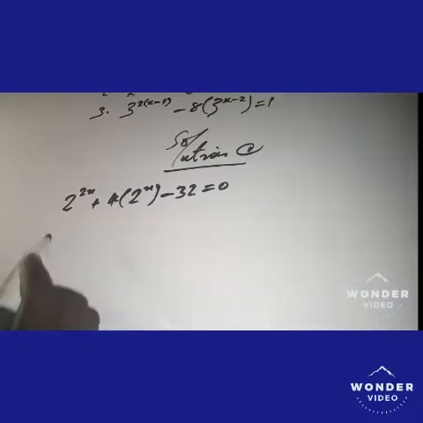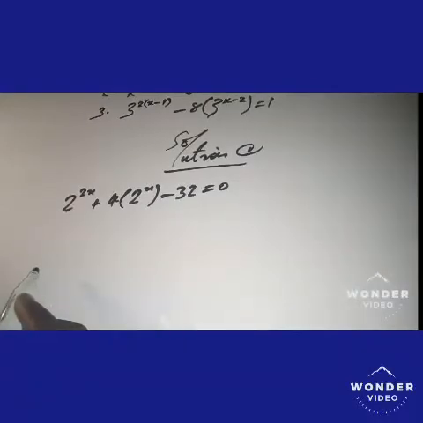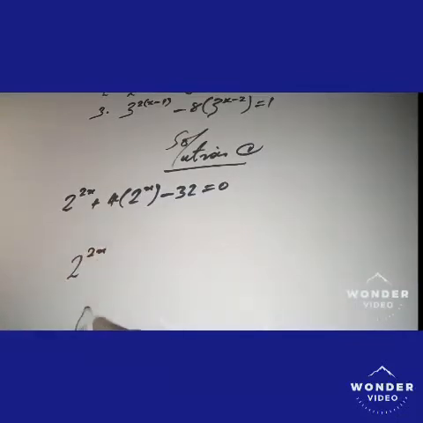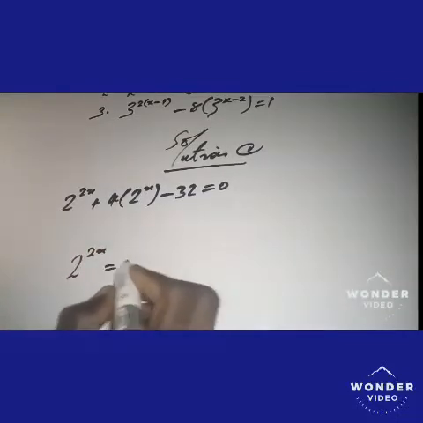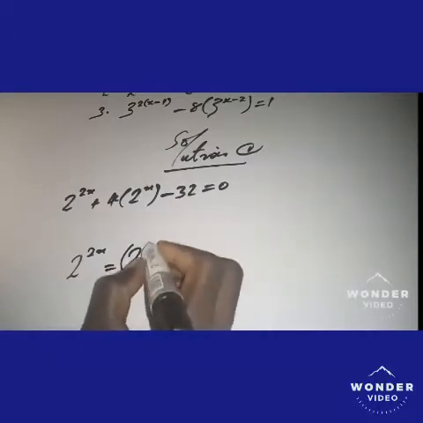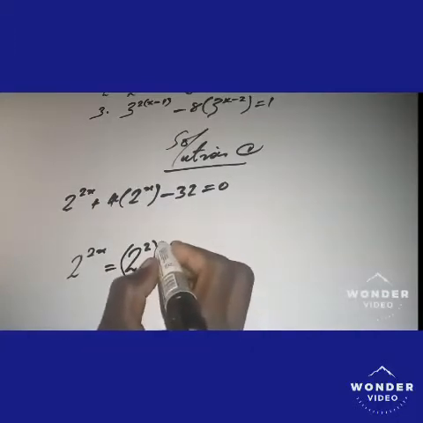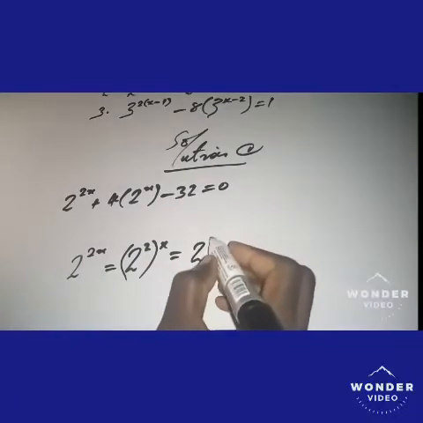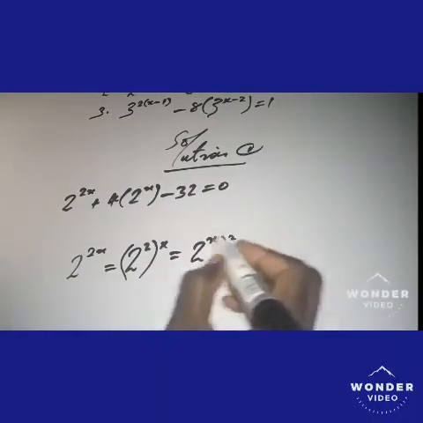When you look at this equation, you notice that the first term, 2 to the power of 2x, can be written in different ways. For example, it can be written as 2 to the power of 2, then to the power of x, and also as 2 to the power of x, then to the power of 2.